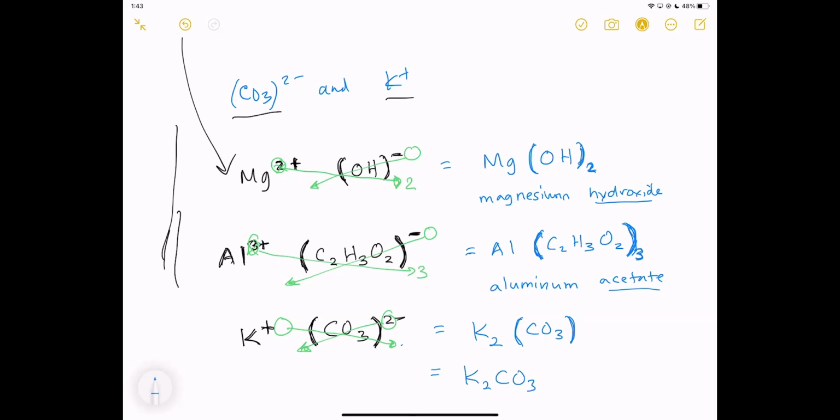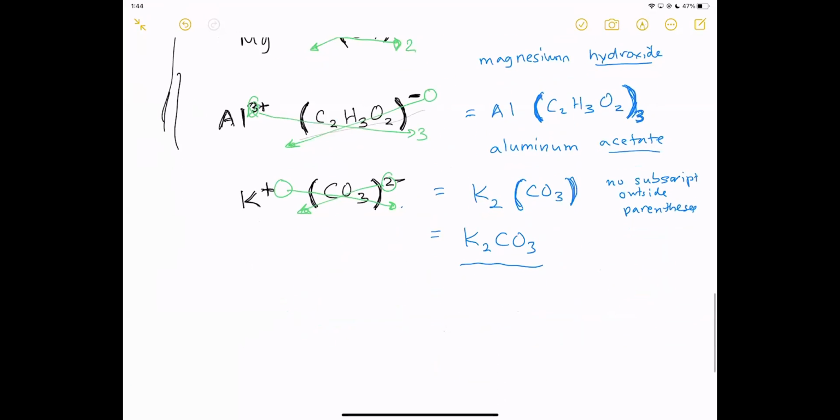That's different from these previous examples that had a number outside of the parentheses. When you have a number outside the parentheses, you can't get rid of them. When you have no subscript outside of the parentheses, you can get rid of the parentheses. So K2CO3 would be the correct chemical formula.